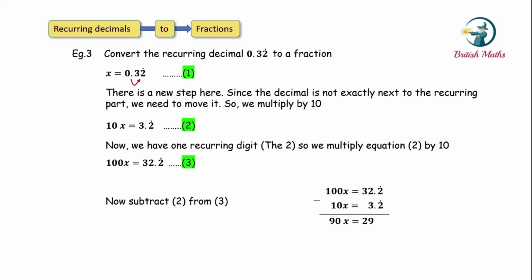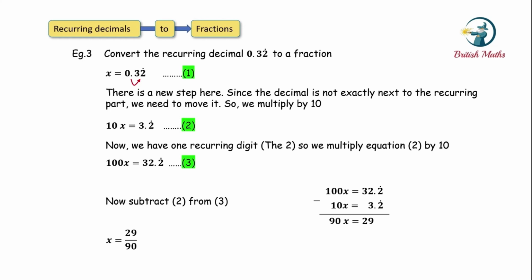So 100 minus 10 is 99x, but 32.2 minus 3.2, it's not just getting rid of the recurring 2, but remember that 32 minus 3 is 29. So when you change this, it becomes x equals 29 over 90.